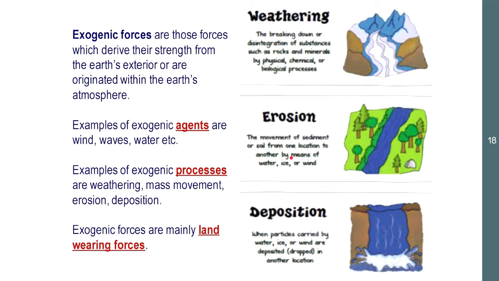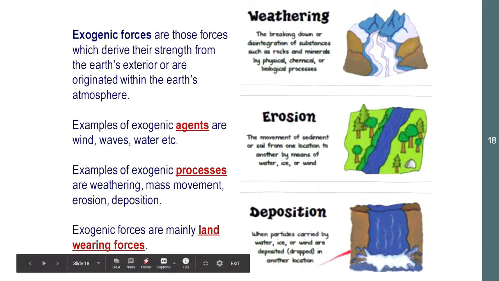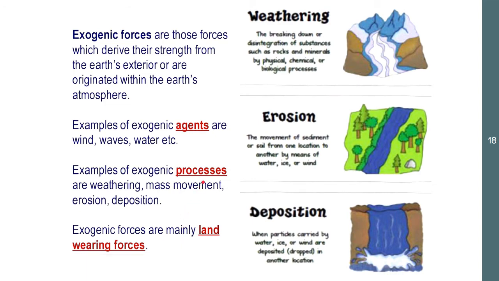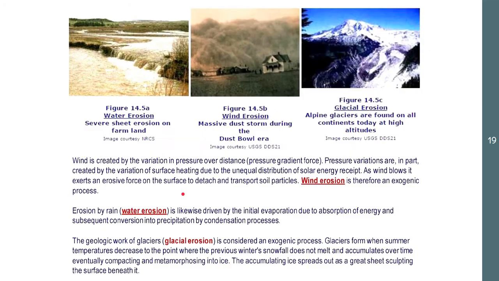So again, these are the exogenic processes. It starts with weathering, breaking down, then transport through erosion, and then deposition, settling down in their new location. Because of these three processes, exogenic forces are mainly called land wearing forces. They wear down, they break down land.